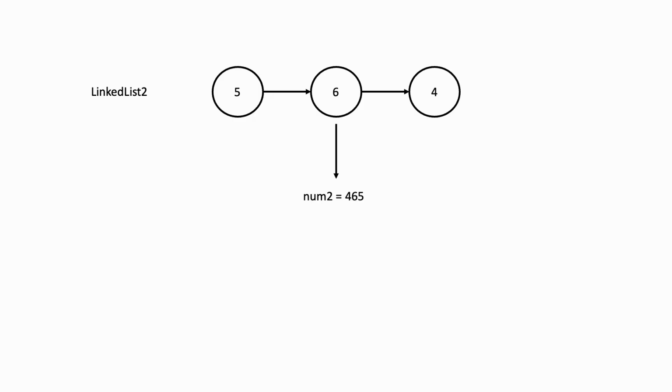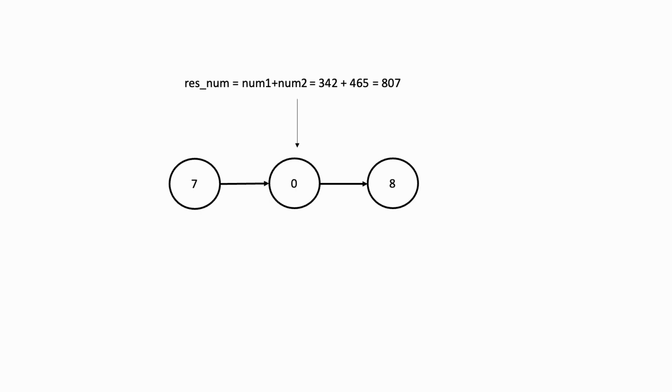Similarly, we will convert linked list 2 to its value 465 and store it in variable num2. Next, we add the two numbers, num1 plus num2, which will result in 807, and convert this number to a linked list and return the first node of the linked list. We will next see in the code how we do all of this.